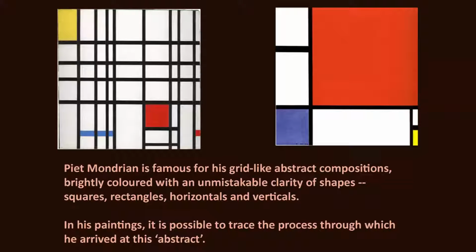In his paintings, it is possible to trace the process through which he arrived at this abstraction. He is one such exceptional painter who, in several of his paintings, has actually left behind the trajectory, the path that he travelled in order to arrive at a pure abstract painting.